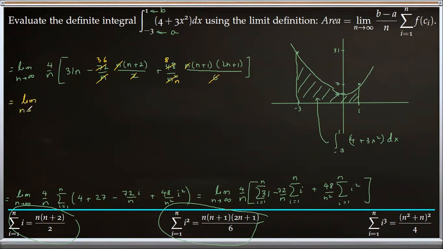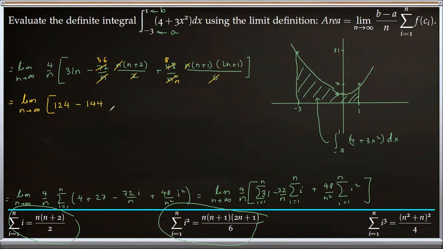So this becomes limit n goes to infinity. So 4 by n times 31 will simply be 4 times 31 because the n's will get canceled out. So this will be 124 minus, so 36 times 4 by n will be 36 times 4 is 144.